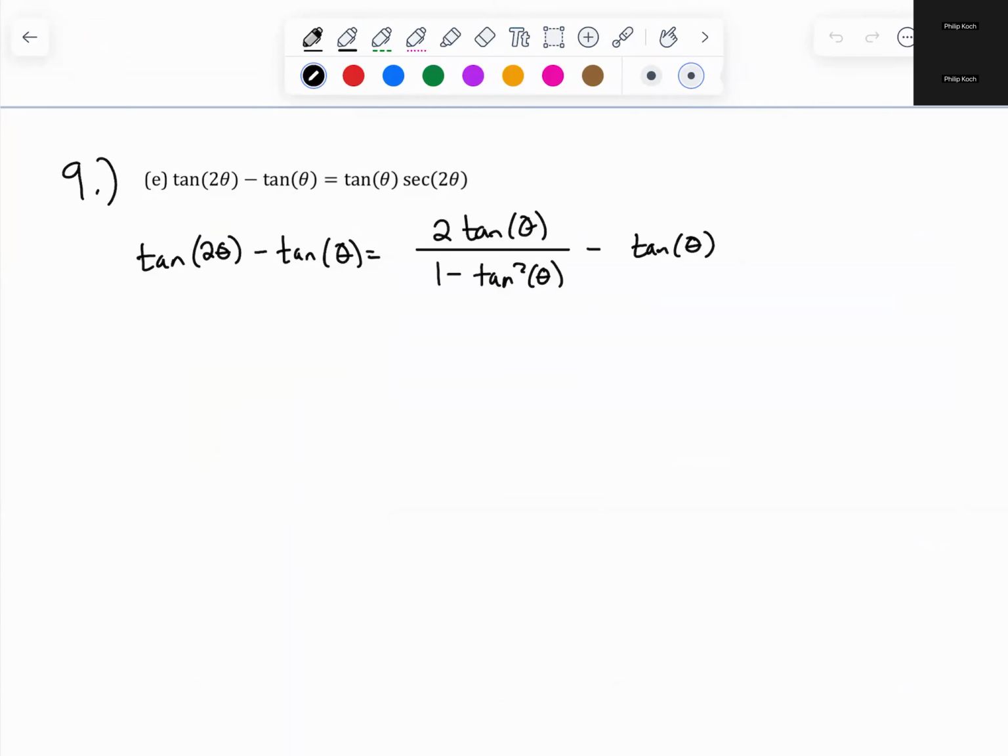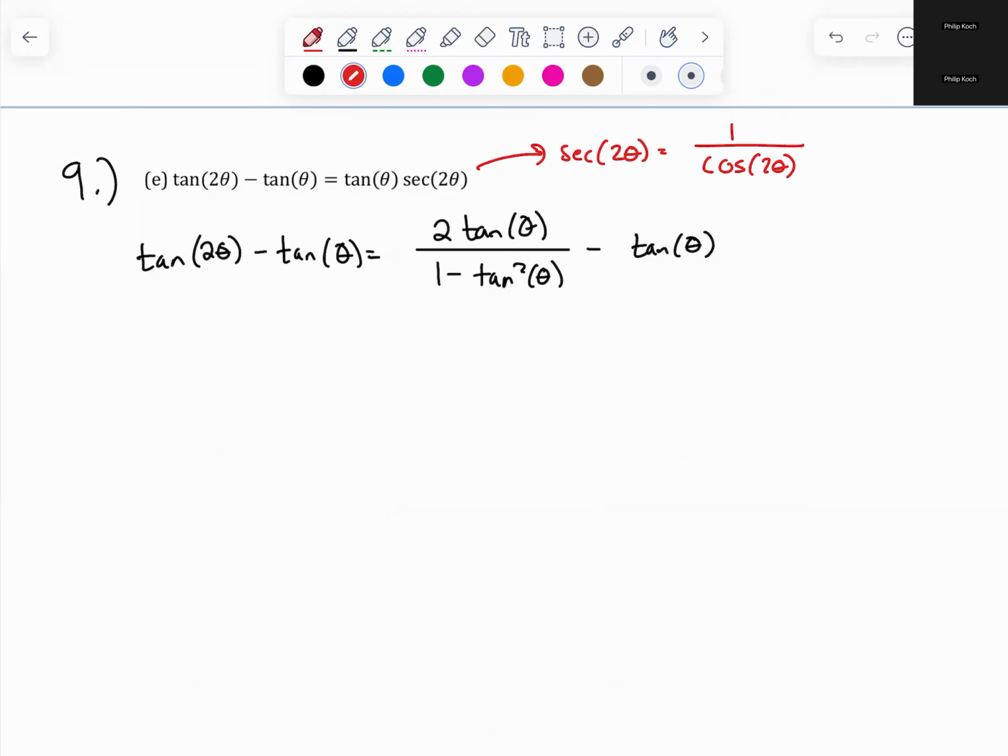Pro tip, if you ever have one of the not double angles that we like, such as cotangent 2 theta or secant of 2 theta or cosecant of 2 theta, it might behoove us to write it in terms of sine real quick on the side. So that's what I'm going to do. Secant of 2 theta is equal to 1 over cosine of 2 theta.